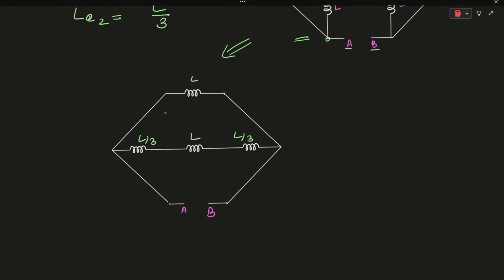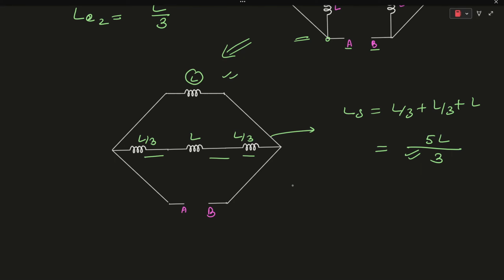So the series combination of these three inductors will be equal to L by 3 plus L by 3 plus L, which is equal to 5L by 3. And this 5L by 3 is connected in parallel with this particular inductor.